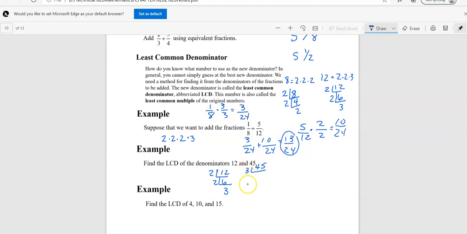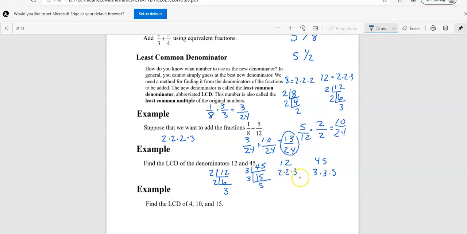I move up to the next prime number, which is 3. 3 will go into 45 15 times. 3 will keep working. 3 will go into 15 5 times, and 5 is prime. So 12 is 2 times 2 times 3. And 45 is 3 times 3 times 5.